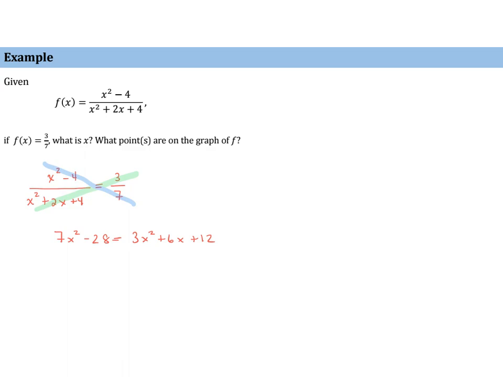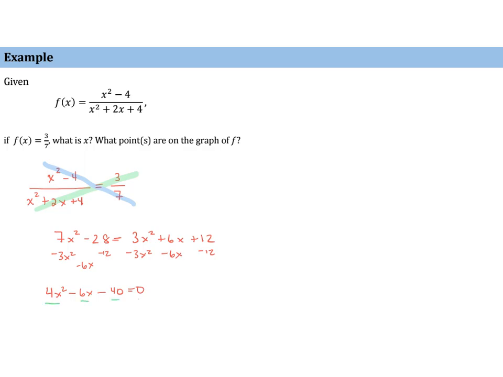Now this is quadratic, so let's get one side equal to 0. So let's move the 3x squared over. Let's subtract 6x from both sides and subtract 12. So this gives us 4x squared minus 6x minus 40 equals 0. Now everything here is divisible by 2.